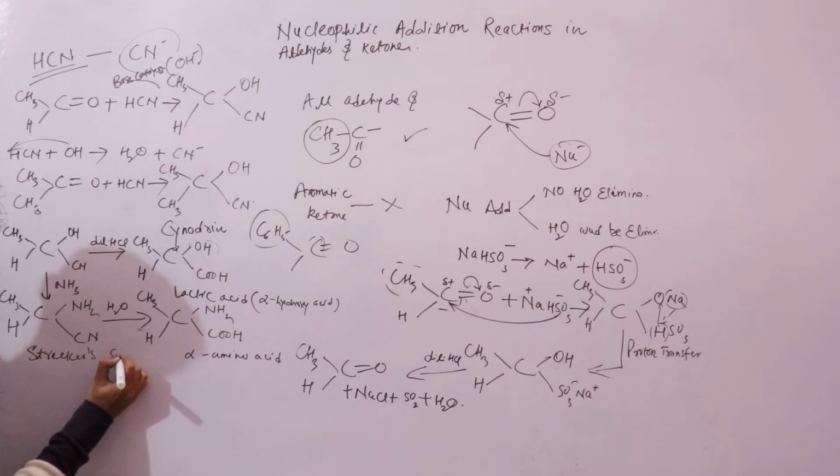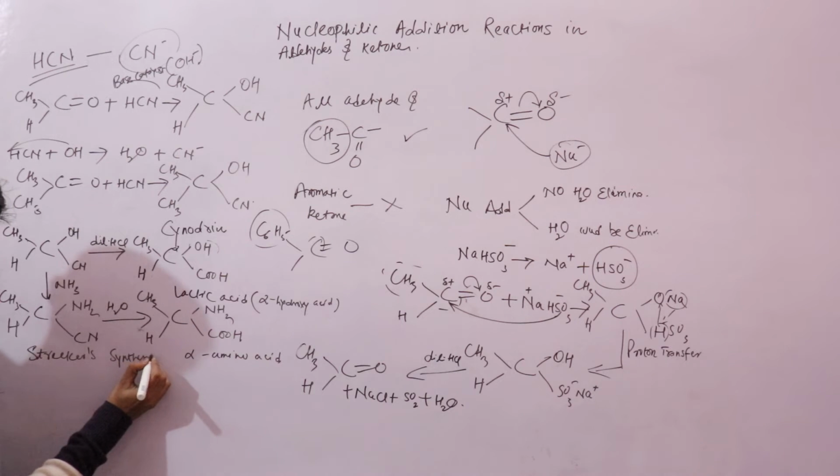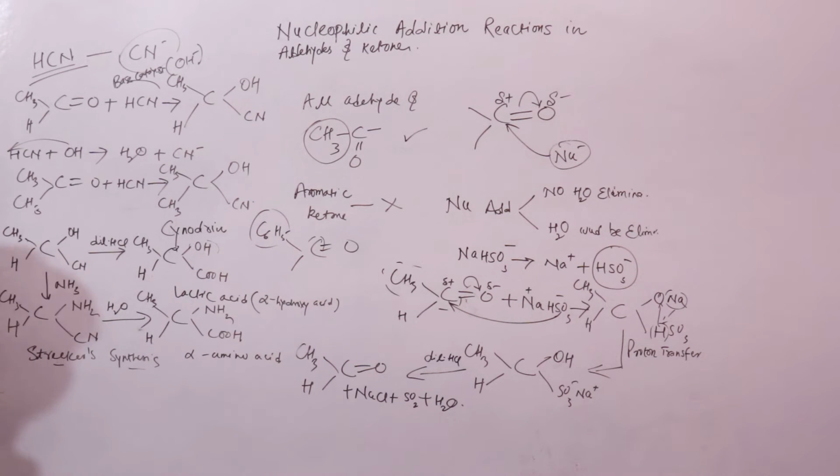We call it Strecker's synthesis. Remember the name of this reaction. This is your Strecker's synthesis, where you make your alpha amino acid. The name of this amino acid is alanine. Now let's look at the synthesis of beta amino alcohols.